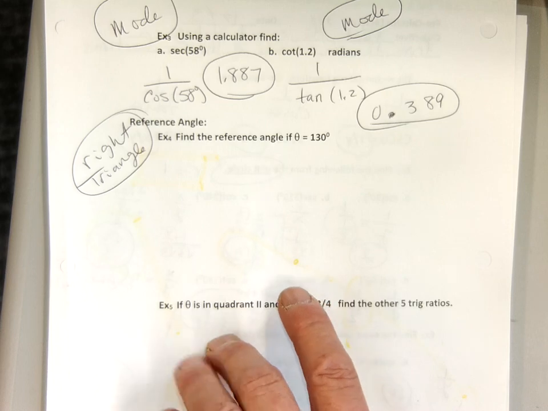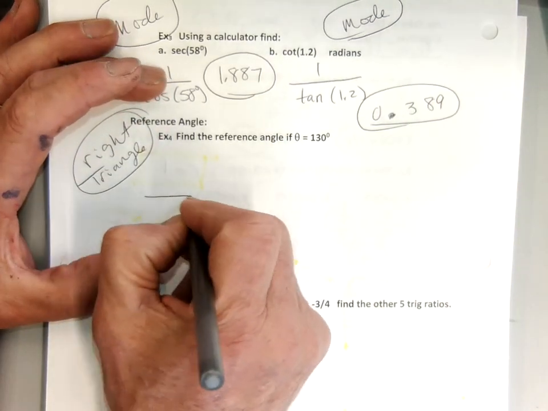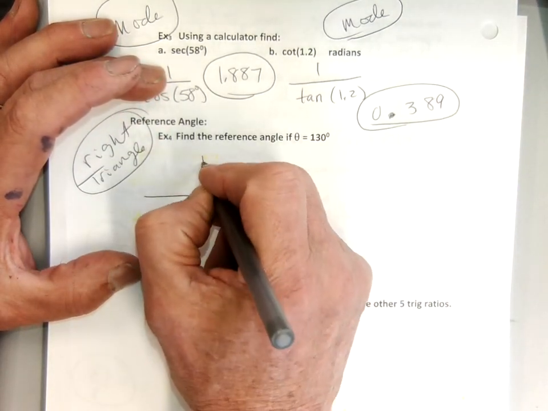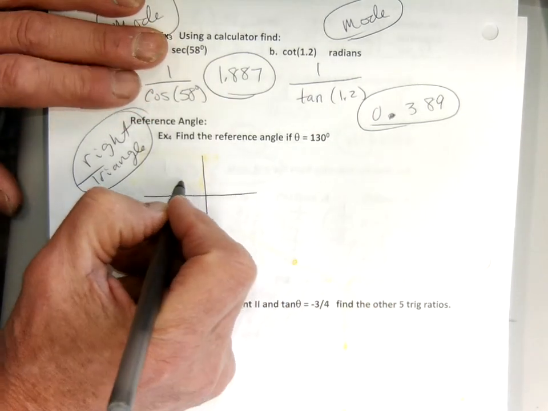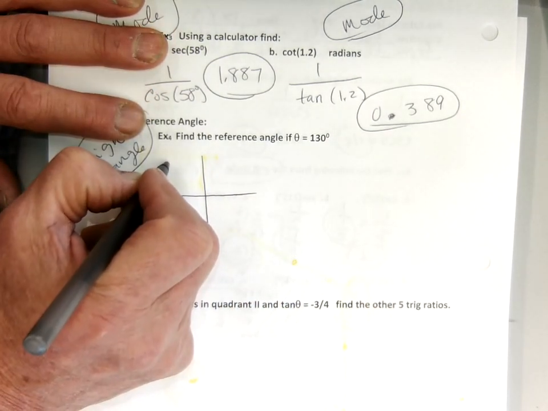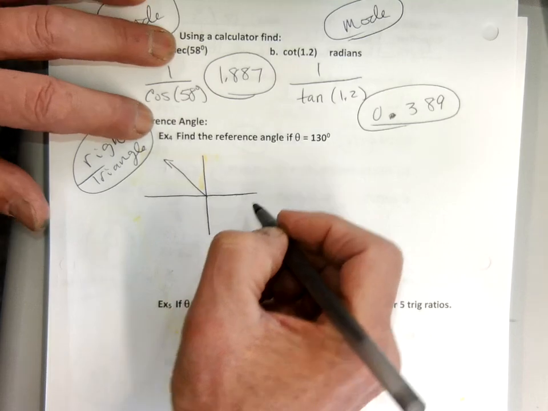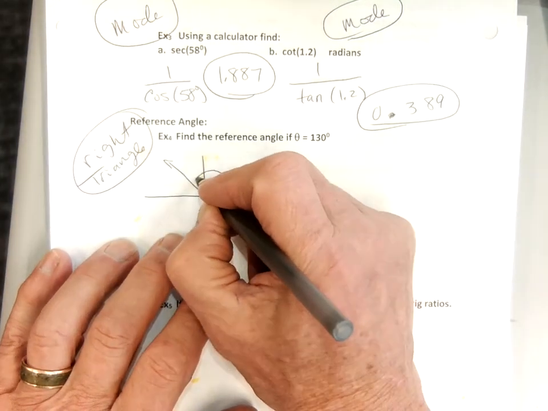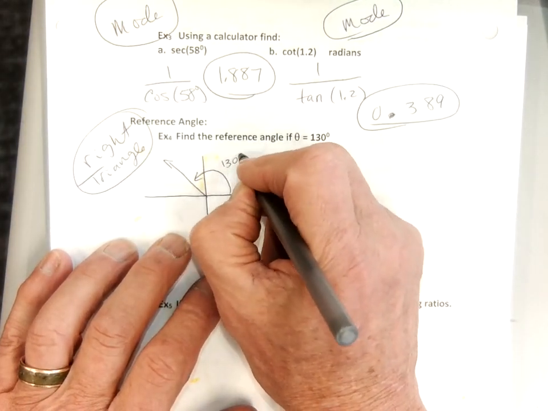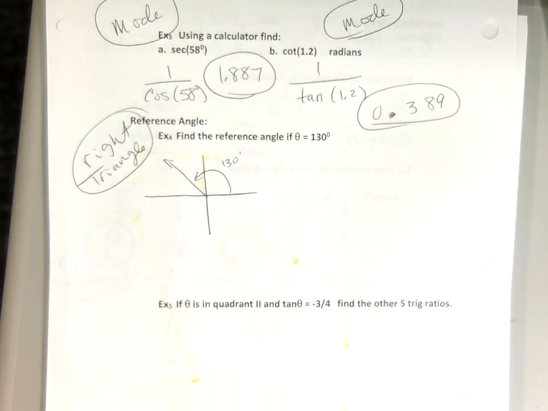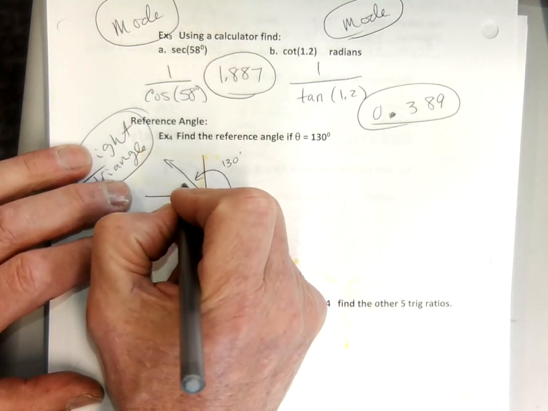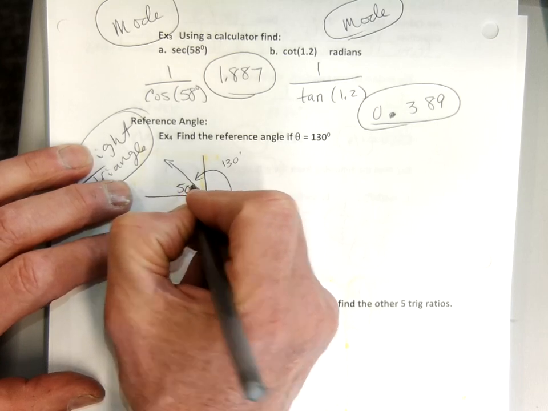Okay, so, all right. I'm going to draw a picture. And I've got my 130 degrees here. So this angle is 130 degrees, which makes this angle here 50 degrees, okay?